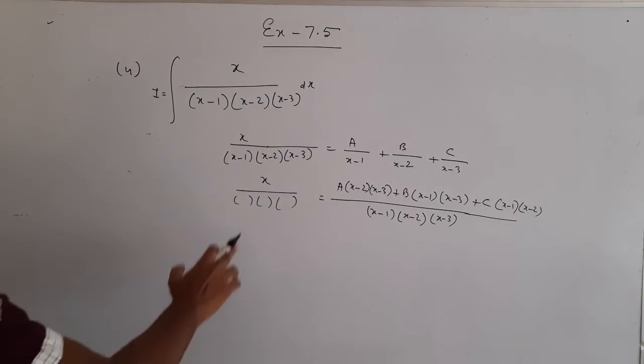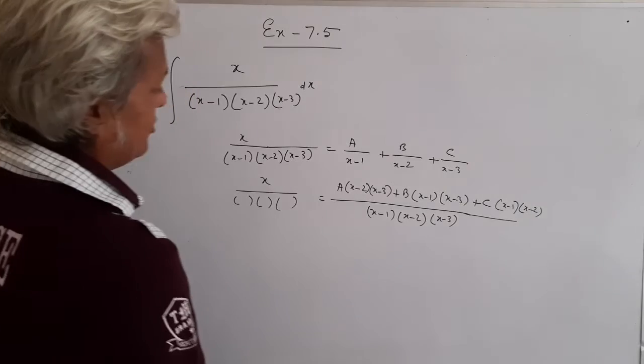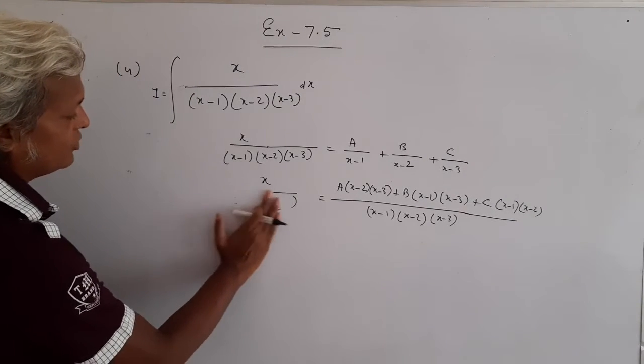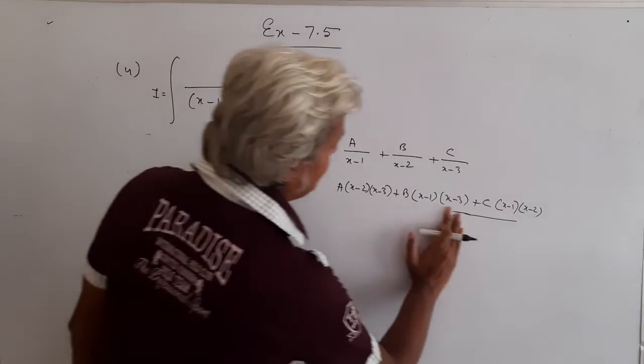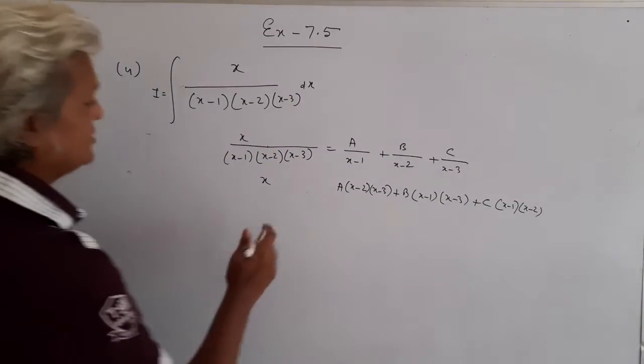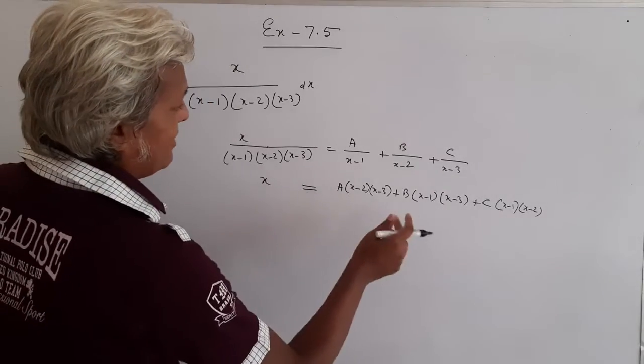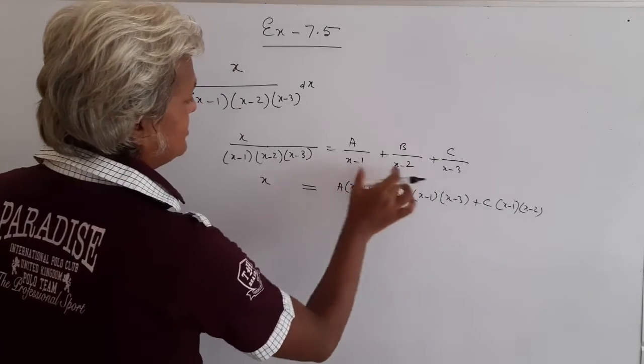So here, now these 2 terms have the same denominator. So in the next line, I simply remove the denominator because we are just comparing their numerators. So this becomes like this. You go one by one, because the 3 factors are different.